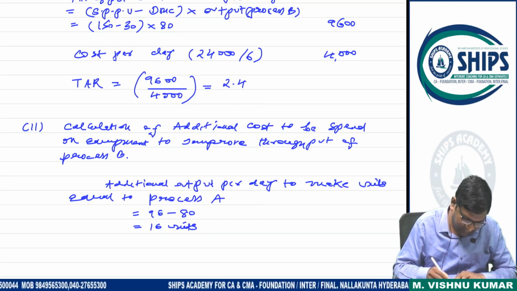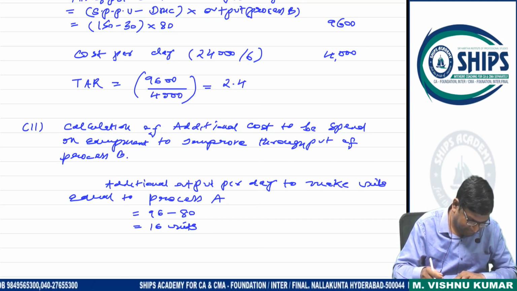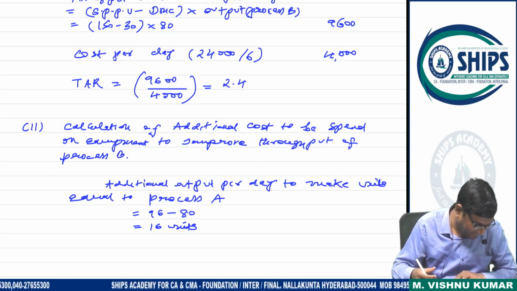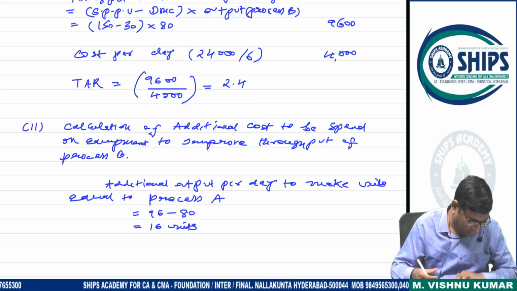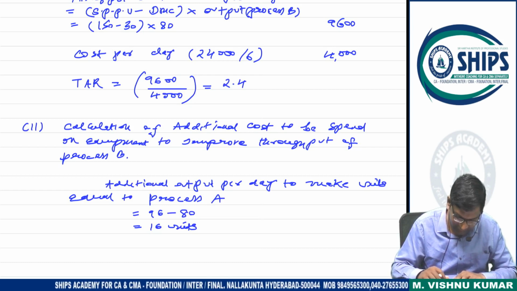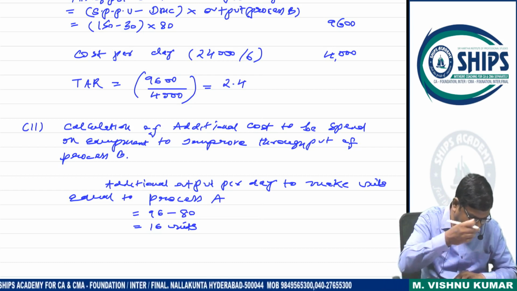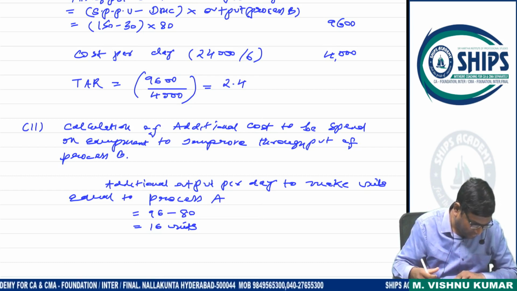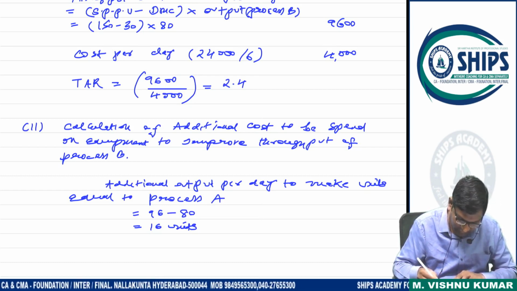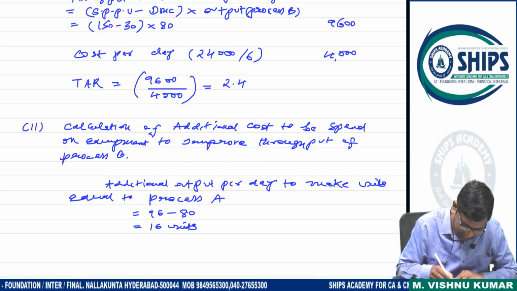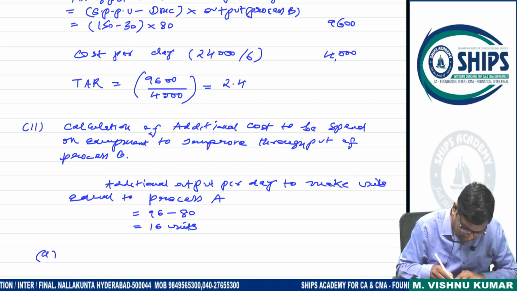Now how much cost is required? How much cost should the company spend to improve the throughput? For this 16 units extra, how much cost do they have to incur? Because they have given that they want to recover the cost in 2 years. Two options are given.